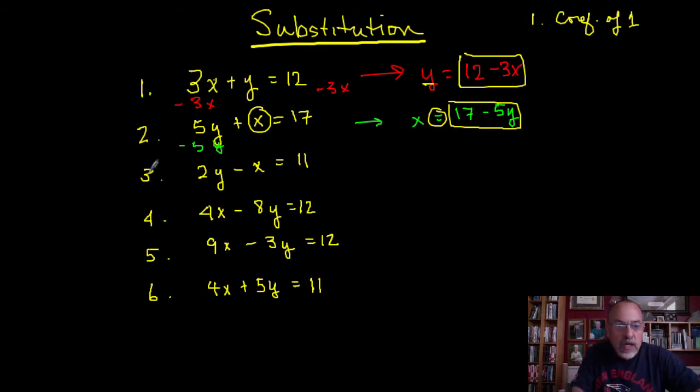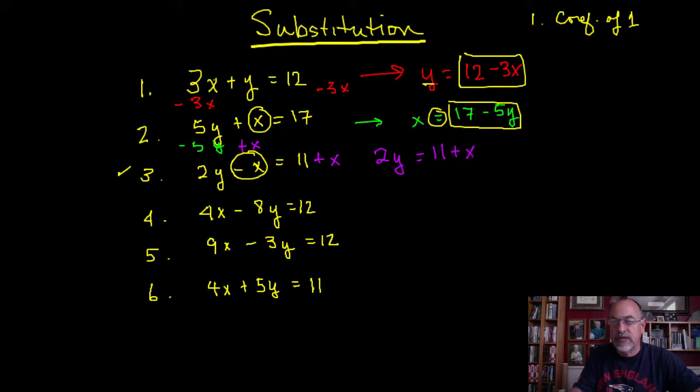If we look at equation 3 here, again I have x, but notice that it's negative x. I do need that x to be positive, so I'm going to switch things up here and add x to both sides. That's going to give me 2y is equal to 11 plus x.